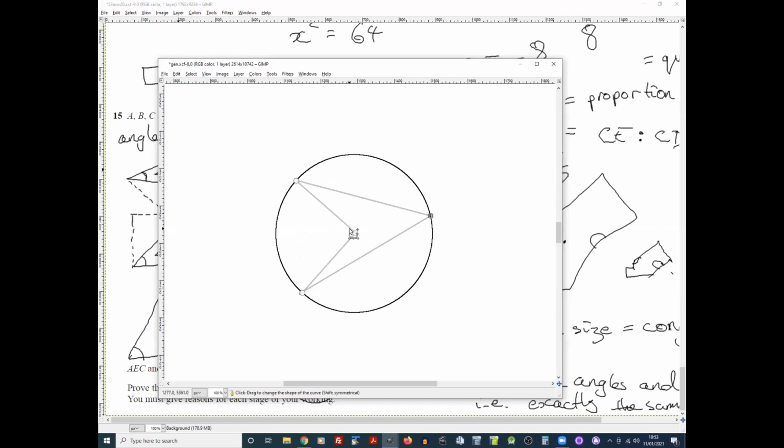Can you guess what this relationship might be? Which one's bigger? So the one in the middle? Yes, the one at the center.